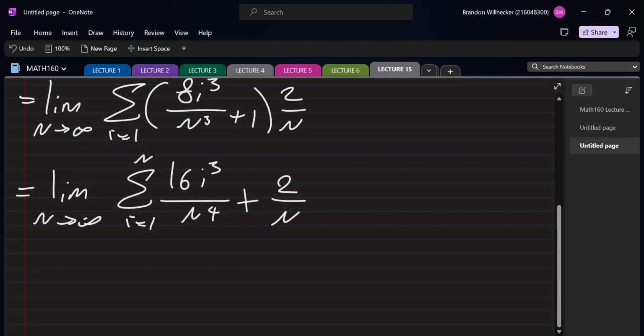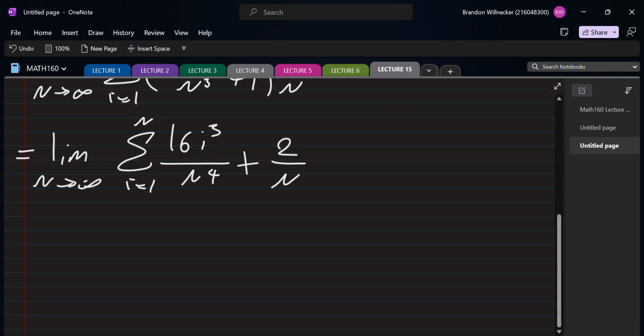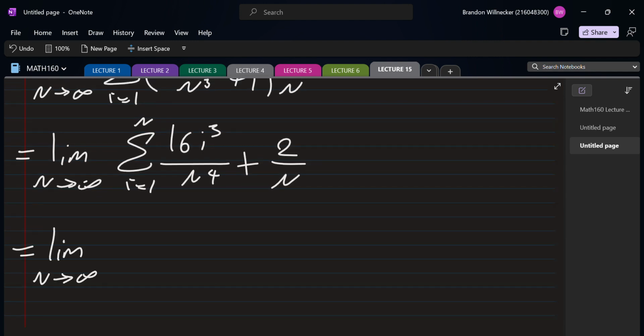Okay. Now we've got these two parts. We can separate it out, take all the constants out, and then do those replacements. So this will be the limit as n goes to infinity. The 16 and the n to the 4, those are all constants. We can take them out.